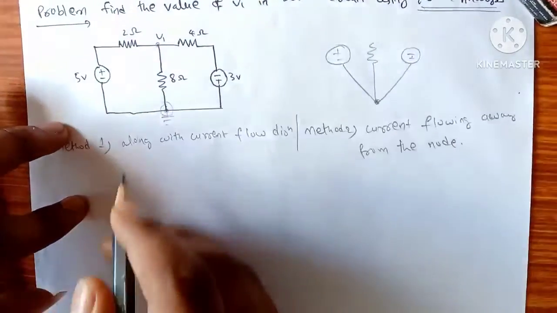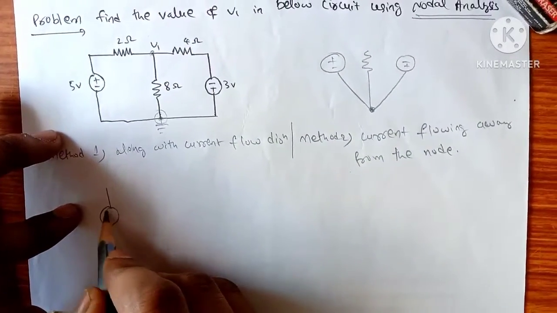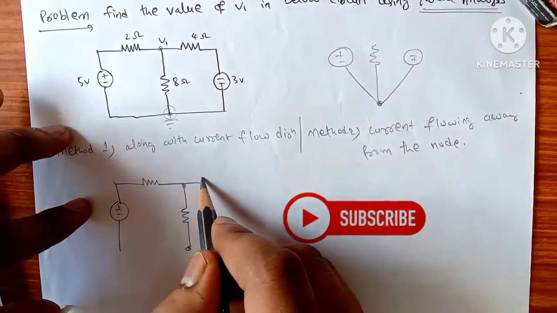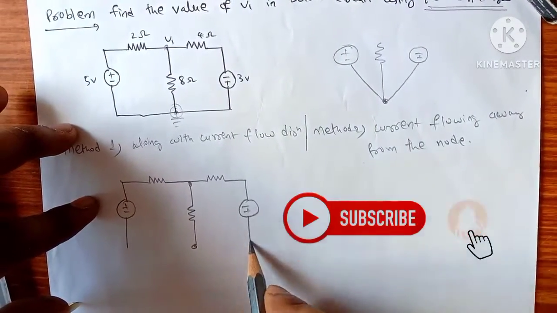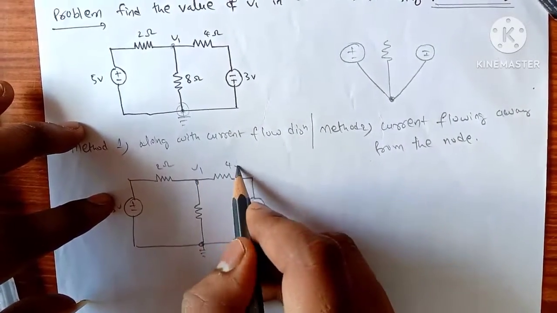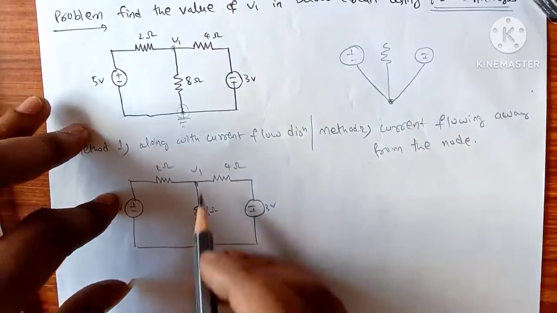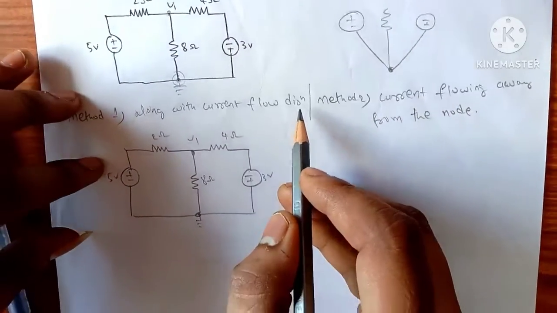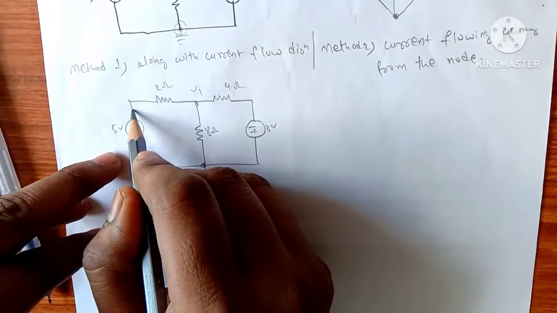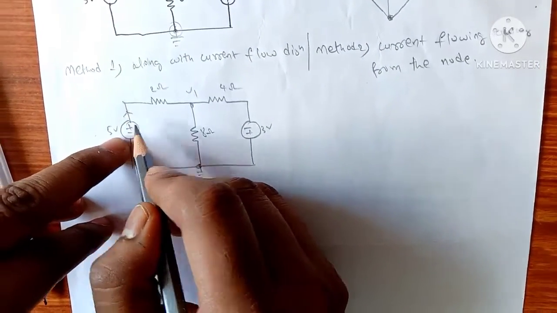So if we redraw the circuit along with the current flow direction, what is the flow of current? Here current flows from the positive terminal.